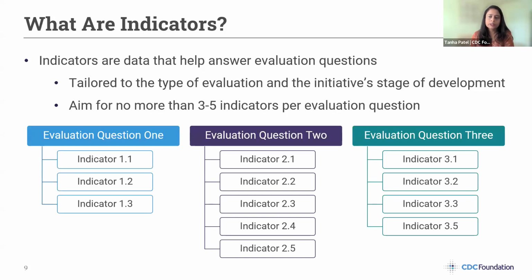As shown in the slide, if you have 3 evaluation questions, the list of indicators will get long, which will mean that you'll have to collect a lot of data. So try to focus on what's really important for you and what information you need to answer the question in a way that it could be used. If the information will not be useful, then you can leave that information for another evaluation.